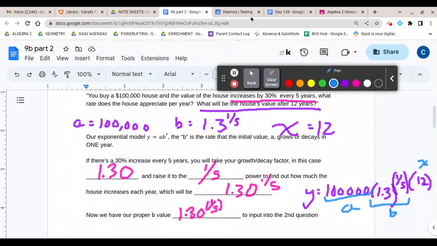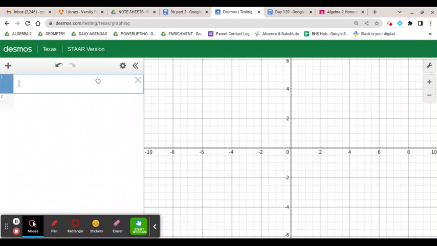If we come over into our calculator, we're going to have 100,000 times 1.3, and we're going to raise that, I'll do parentheses there, 1 over 5, and we're also going to raise that to the 12th power just like that.